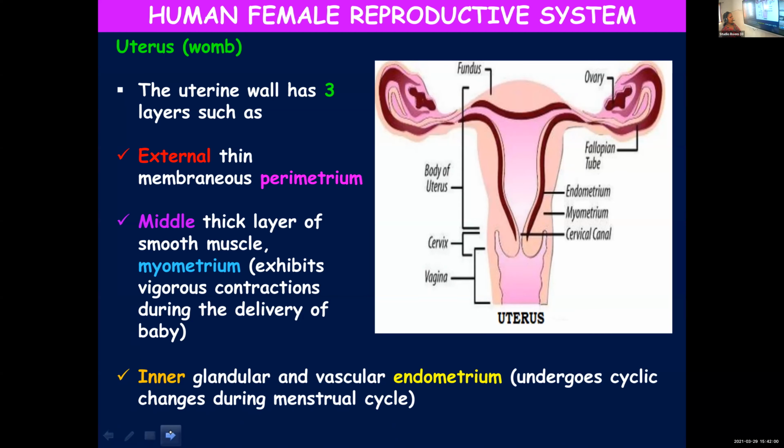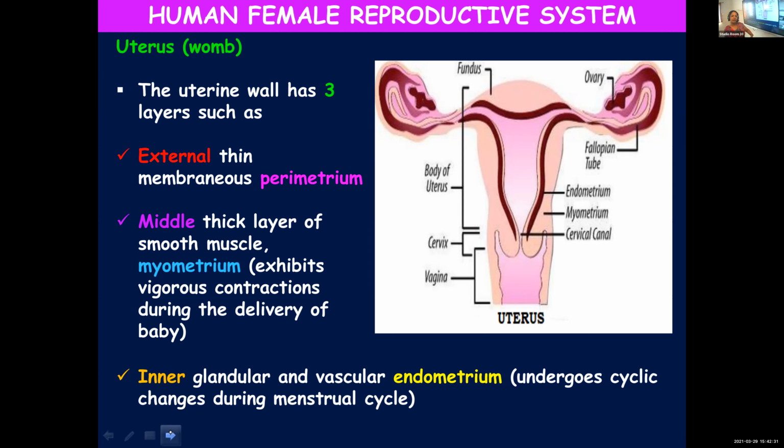And the innermost layer is endometrium. During the menstrual cycle, it is the endometrium which will undergo cyclic changes. You have learned that in anticipation of a fertilized egg, the uterine lining will become thick and spongy. It will get richly supplied with blood vessels to nourish the fertilized egg. And in case fertilization doesn't take place, the endometrial lining will break, and the blood will come out through the vagina as blood and mucus.